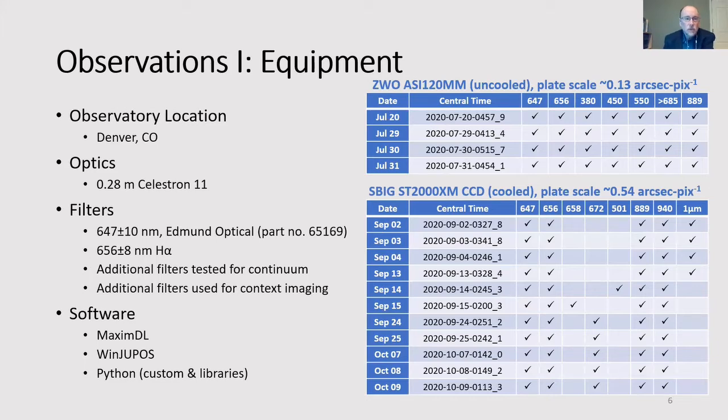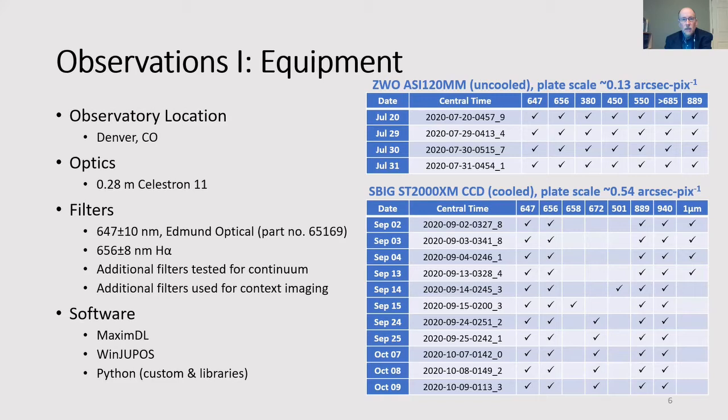So the equipment we used, it was a Celestron 11, 0.28 meter telescope. As I said, I'm in Denver, Colorado, and you've got a listing there of the filters used, as well as the software used for analysis. Some custom Python was developed. And then you've got two main sets of observations.